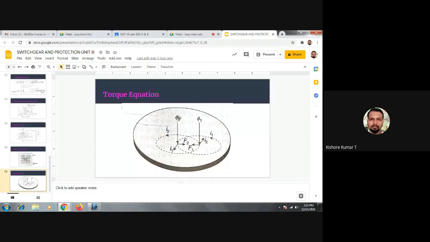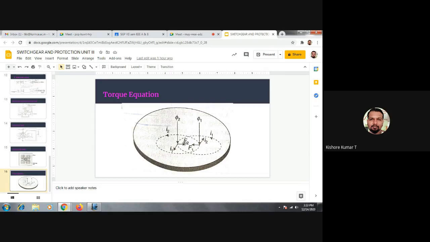And this flux phi1, whenever it interacts with the disk, sets up an eddy current I1 due to induced EMF E1. Let us imagine E1 as the induced EMF due to phi1 and E2 as the induced EMF due to phi2. So E2 will set up I2, an eddy current on the disk, and E1 will set up I1, an eddy current on the disk due to phi1.